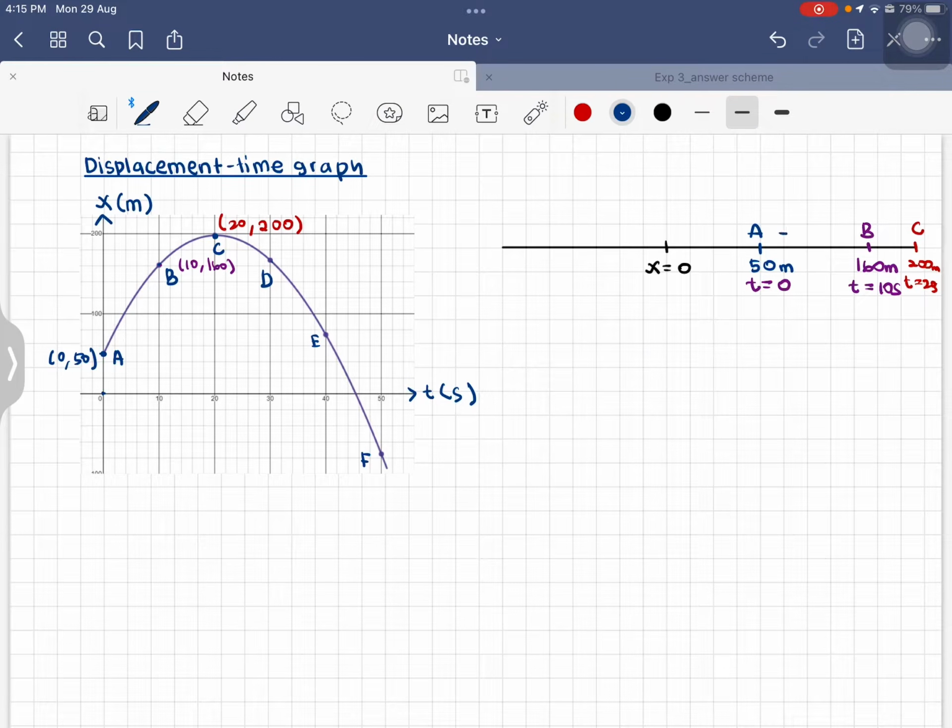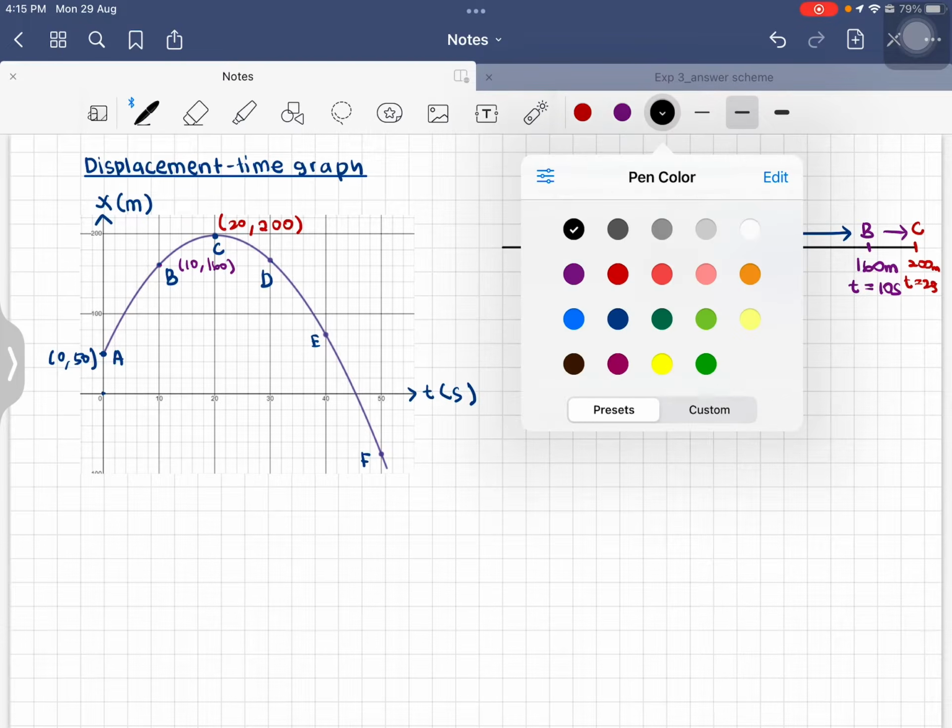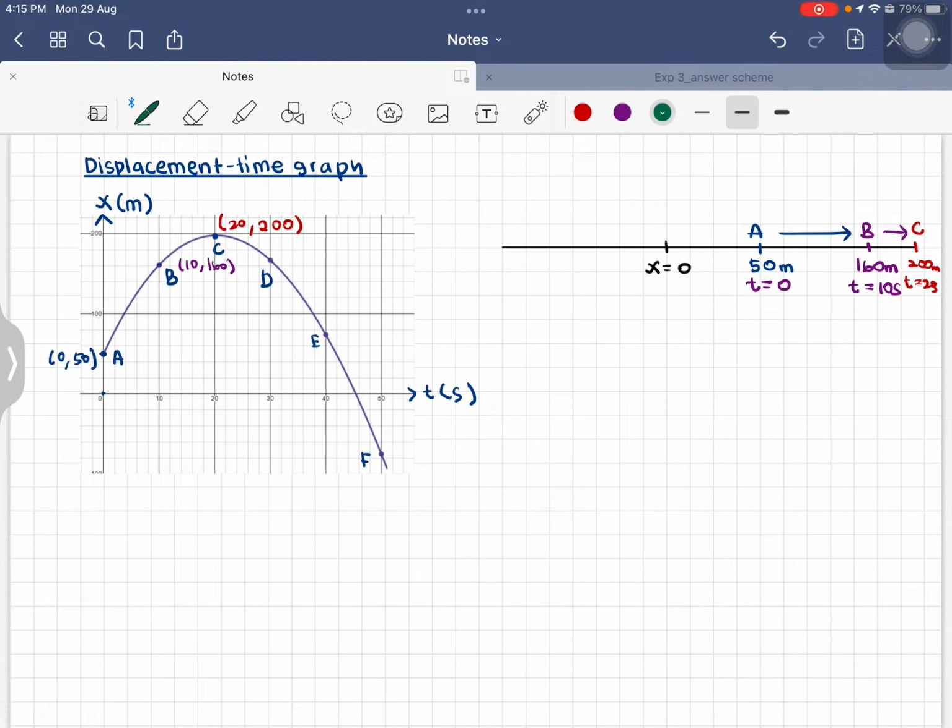Same as from B to C, you are moving to the right. But now, your D is at, let's say, 30 second, and the position, let's say it is at 165 meter, which is somewhere here.